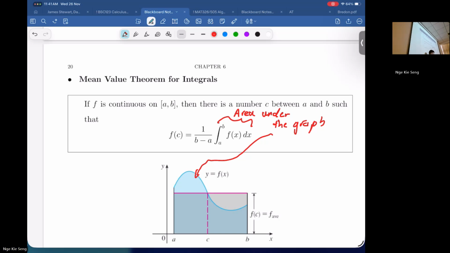This is the width. Can you see that this is always true? You can always find a c such that (b minus a) times f(c), the area of this rectangle, equals the area under the graph. Can you convince yourself why this is true from this picture?